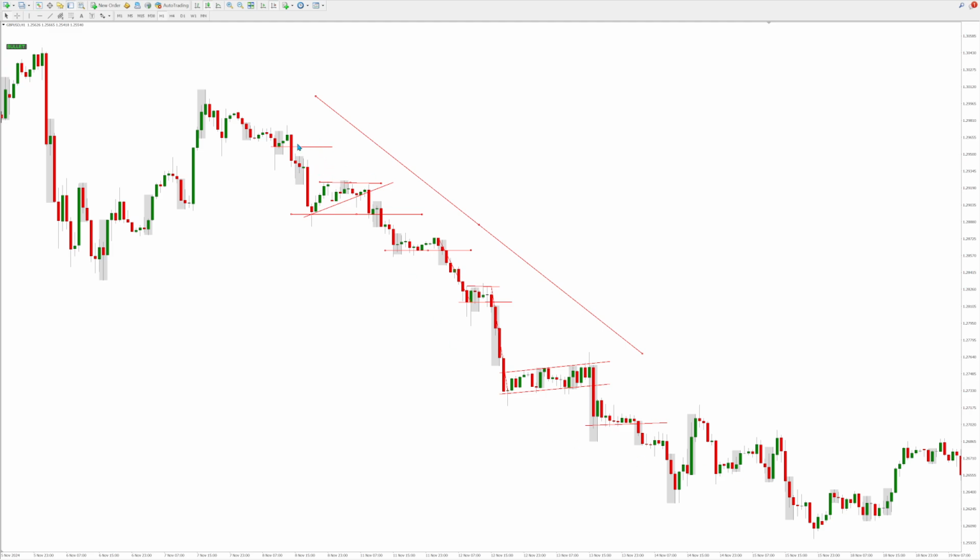You had ample opportunities to enter this trend from when we started seeing these lower highs up here. Okay, and in fact, there was even a bull trap here. A bull trap ties in perfectly with the breakout, by the way. A bull trap is where traders see this move upwards.